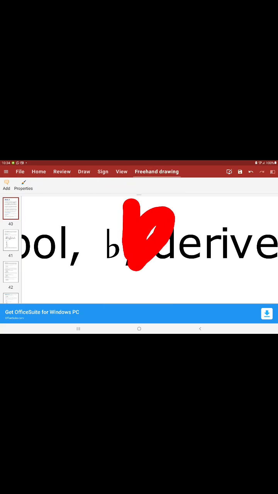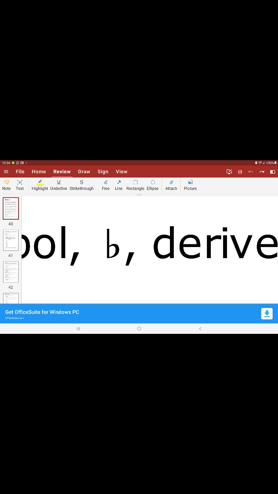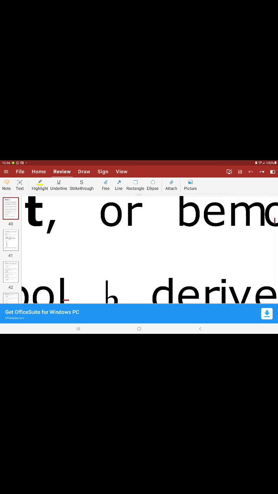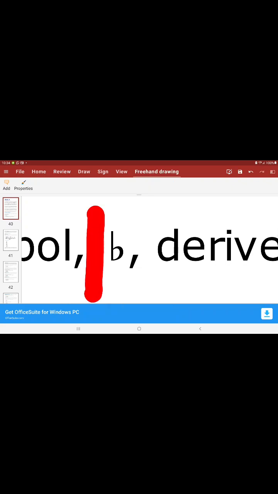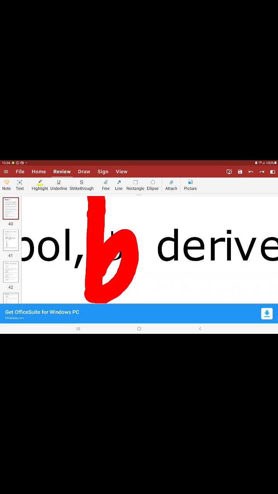So that's what we call a flat. A flat decreases the pitch of a note by a semitone.